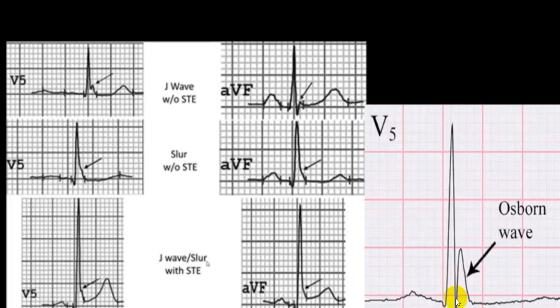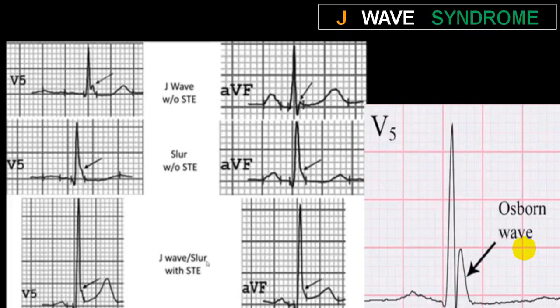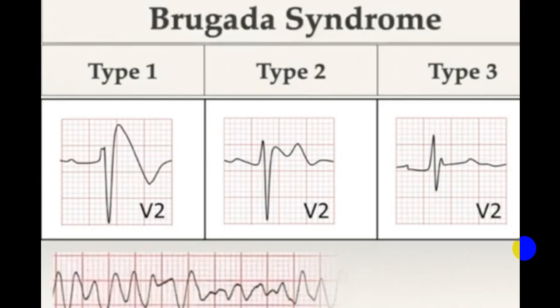And when you get such a tall wave, which is a J wave, we call it Osborn wave, and it is characteristic in hypothermia, hypocalcemia. Also in case of a head injury. This is also considered as one of the J wave, J point elevation, that is Brugada.